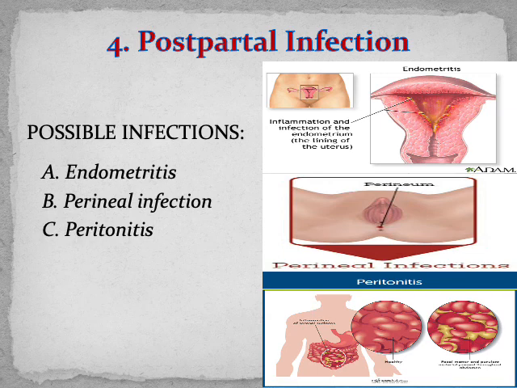This may occur as an extension of endometritis, as infection spreads through the lymphatic system or directly through fallopian tubes or uterine wall to the peritoneal cavity. Initially, ang sign niyan, rigid abdomen, parang naninigas. And this interferes also with future pregnancy too, kasi nagkakaroon din ng scarring and adhesions in the peritoneum, and we know that the reproductive organs are also there.